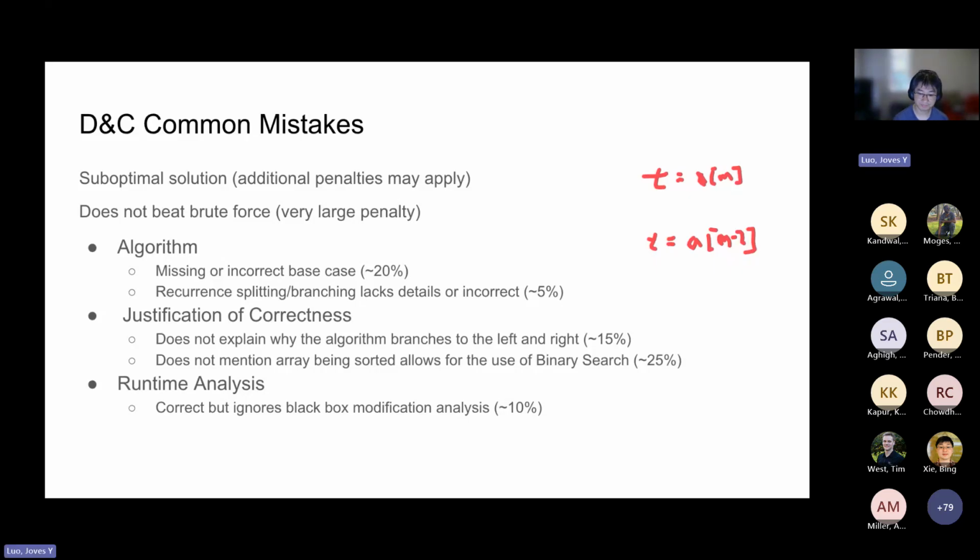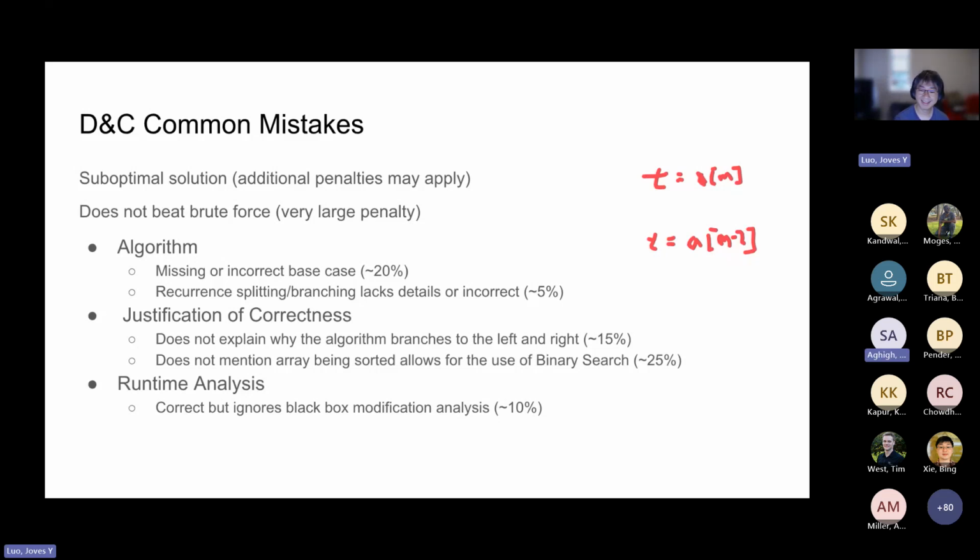Not that I'm aware of. In cases where a non-divide and conquer solution gets the same runtime, we are still looking for the divide and conquer solution. So you should really try hard to get a divide and conquer solution. Okay. And just to clarify, we won't be getting any points. You will lose a lot of points.